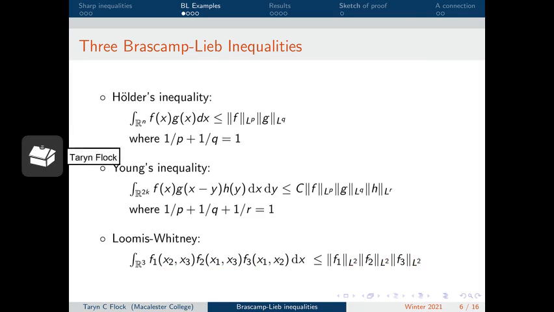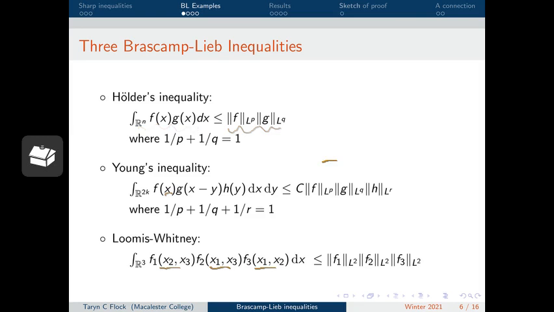So what is the structure that unifies these three inequalities? What are we generalizing when we talk about a Brascamp-Lieb inequality? Well, I have the size of the product bounded by the product of the sizes, but there's something more complicated happening here with the domain on which I'm evaluating f.